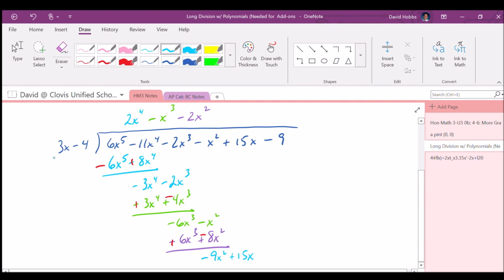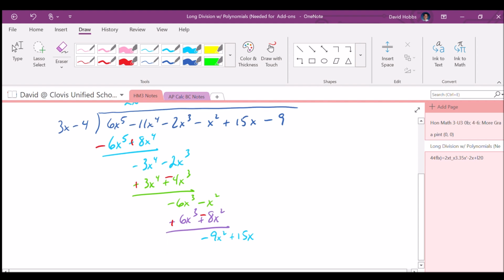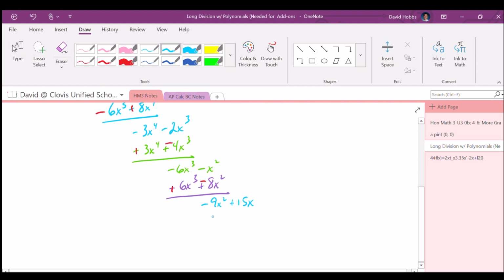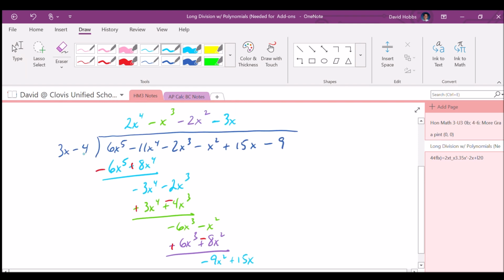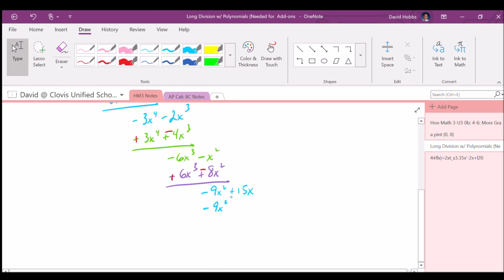What times 3x gives me negative 9x squared? Well, negative 3x. So negative 3x times 3x is negative 9x squared. And negative 3x times negative 4 is positive 12x.